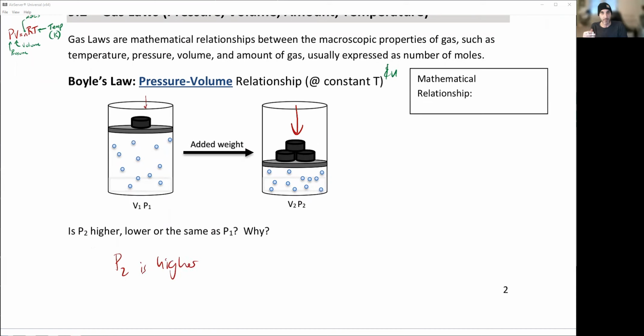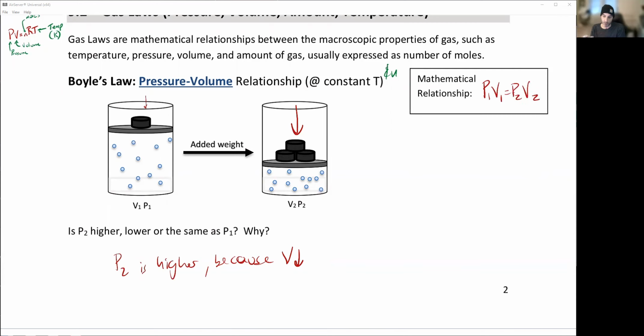Again, pressure is going to be the amount of force exerted by the gas molecules on the container and on all of the walls. Pressure is higher because we're seeing a decrease in volume. Volume is decreasing. So the mathematical relationship between these two is P1 V1 equals P2 V2.